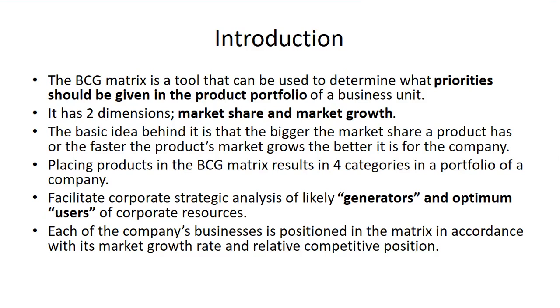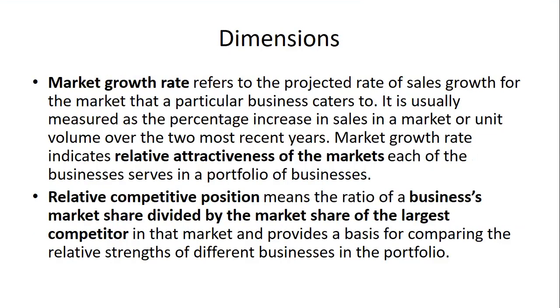Each of the company's businesses is positioned in the matrix according to its market growth rate and its competitive position. Let's see what these dimensions are and slowly go through each factor. Market growth rate refers to the projected rate of sales for a particular business.